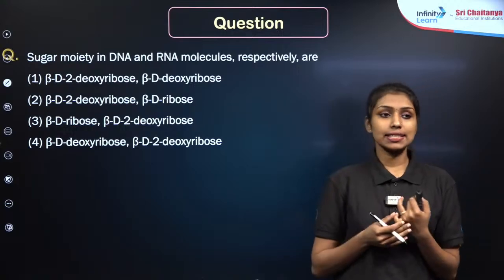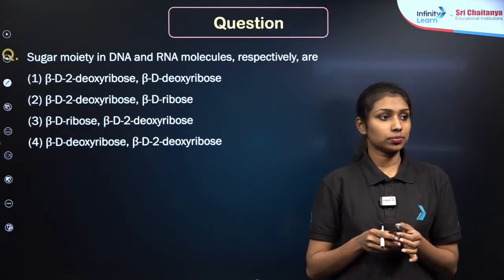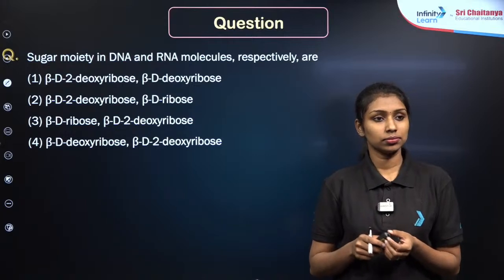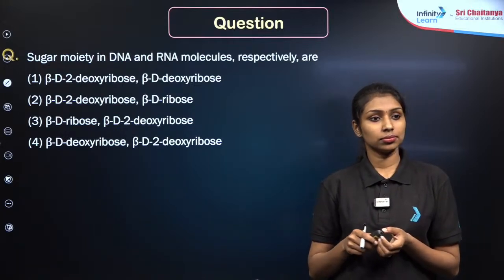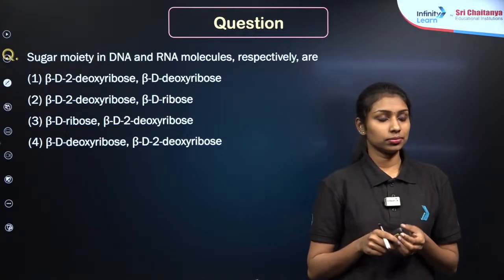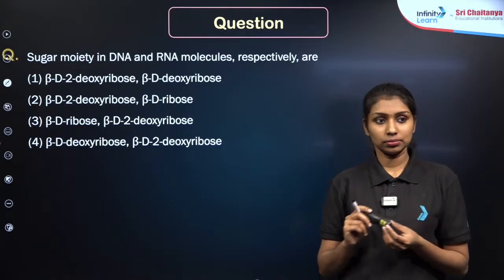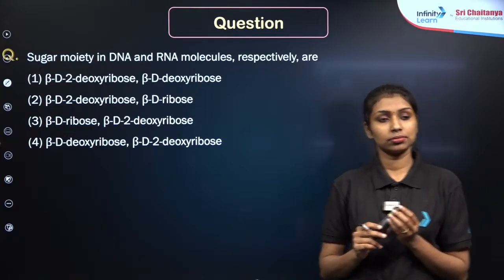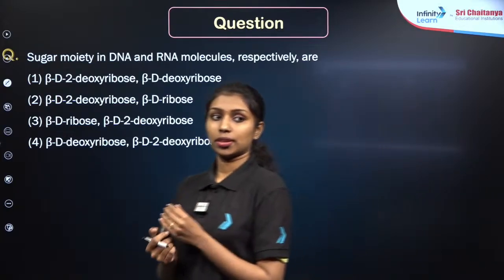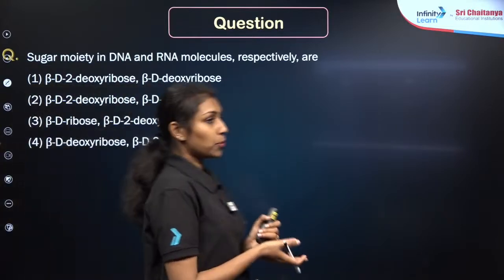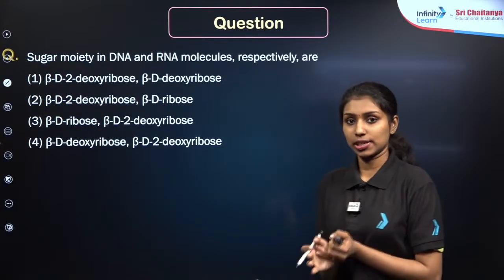Which one will be the correct answer? Okay, we know that the sugar present in DNA is deoxyribose, and in the case of RNA it is ribose, right?